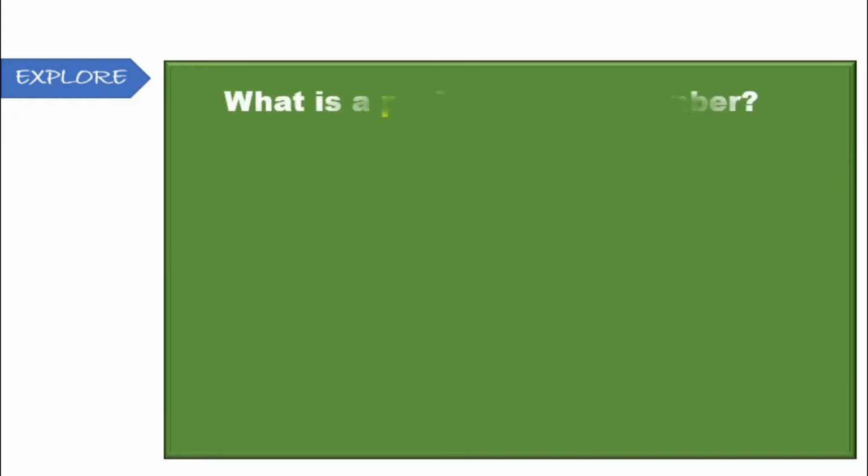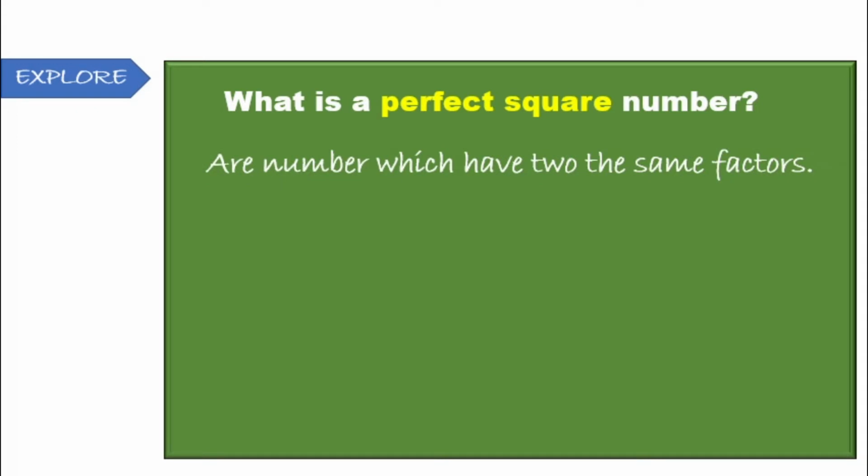So, what is a perfect square number? Perfect squares are numbers which have two of the same factors. For example, 4 is equal to 2 times 2. The factors of 4 are 4 times 1 and 2 times 2, so two sets of factors.